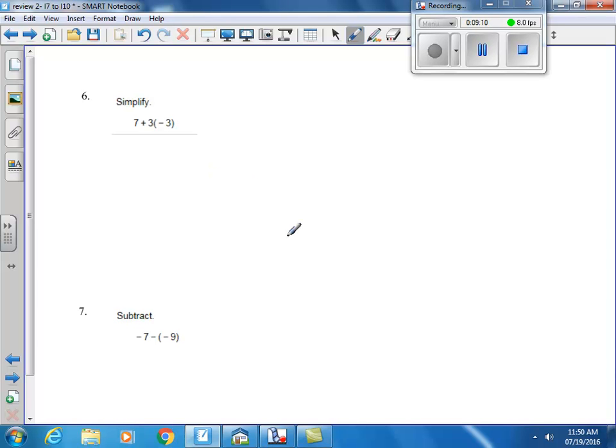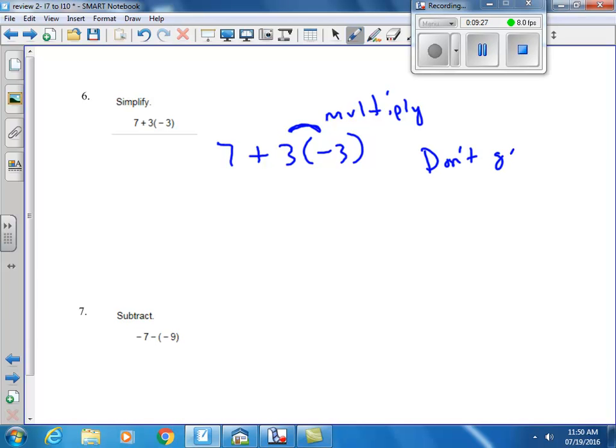Now for this one, I'm going to rewrite it, 7 plus 3, parenthesis, negative 3. Know that these two are connected by multiplication. And that dominates addition. Must be done first. You don't go left to right. It's not going to work. You got to take care of this first.